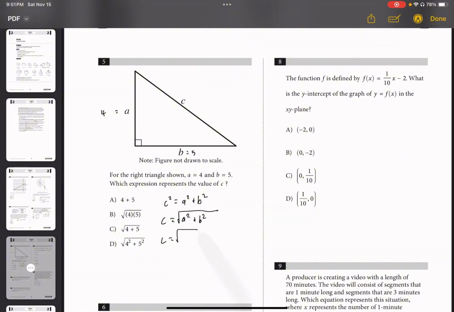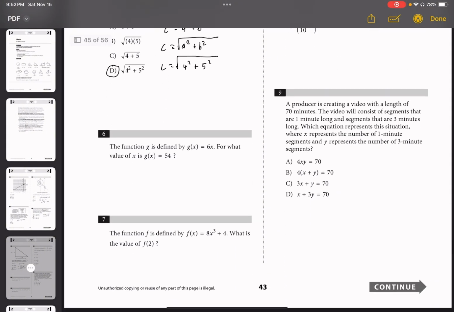So C is equal to the square root of 4 squared plus 5 squared. And before we continue any further, we need to look at our answer choices and realize that D is equivalent to what we have as of now, because it's asking for an expression which represents C, not the numeric value specifically. Okay, question number 6 now.